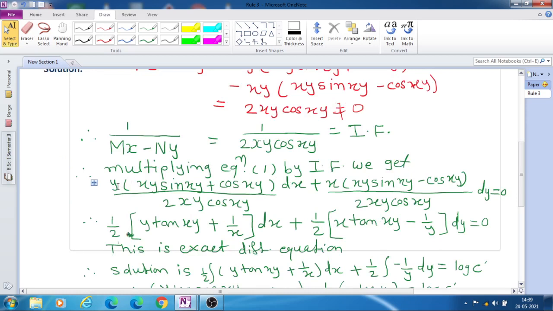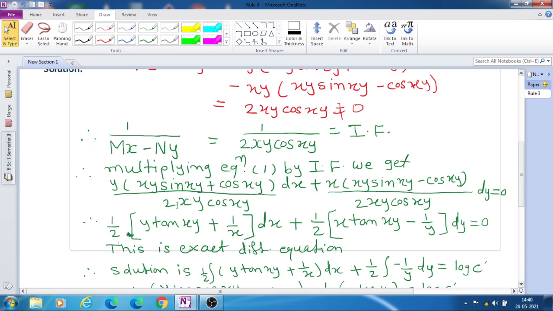Now to solve the equation, first we have to multiply the given equation by the integrating factor. Therefore the given equation is y into (xy sin xy plus cos xy) into dx plus x into (xy sin xy minus cos xy) into dy. So multiplying by 1 upon 2xy cos xy means dividing by 2xy cos xy.